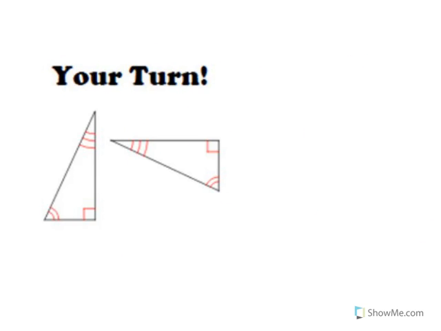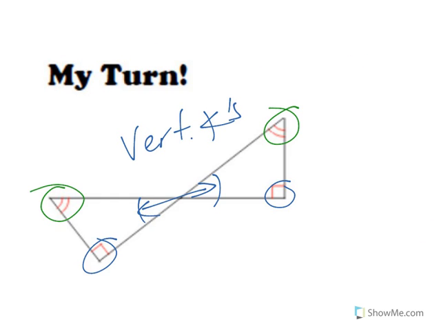So going back to our current slide, too far. Our current slide here, we determined that these are vertical angles, so these angles are congruent too. So now we're assuming, okay, well, if that's the case, and these sides here match up here, we say that the opposite side to those vertical angles are also congruent.